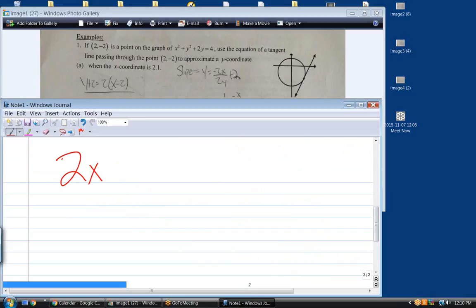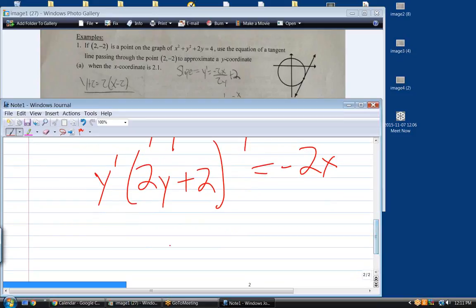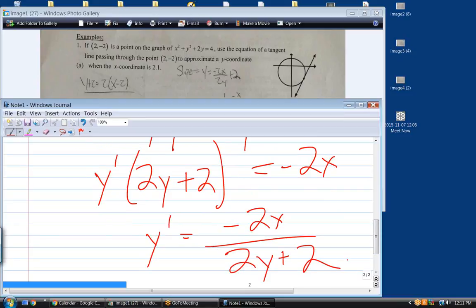I get 2x plus 2y, y prime, plus 2y prime equals 0. So now I have y prime times 2y plus 2 equals minus 2x. So now I have y prime equals minus 2x divided by 2y plus 2.